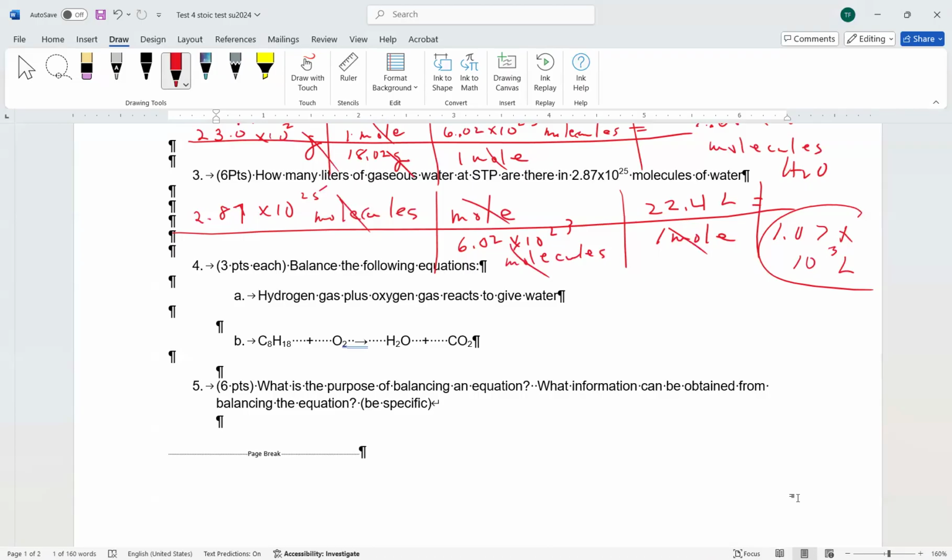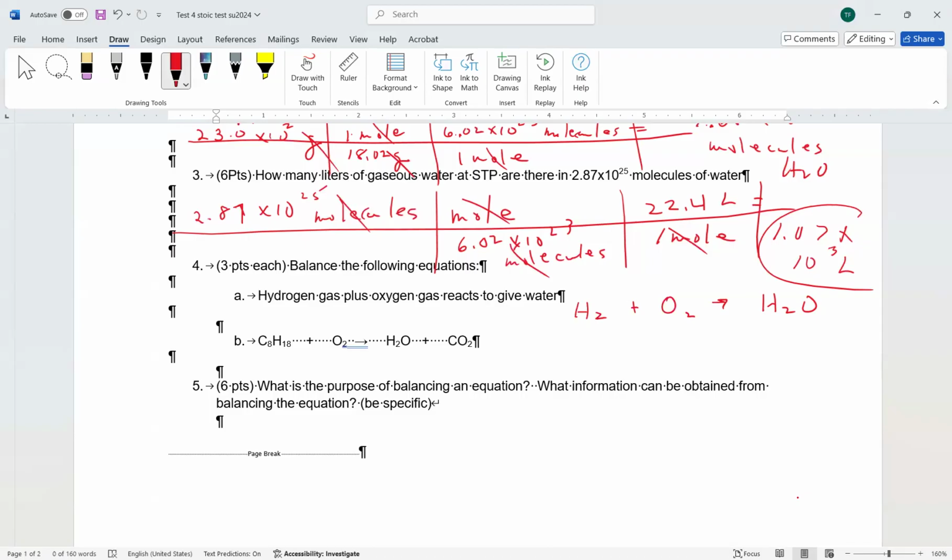Okay, so we have hydrogen plus oxygen gas reacts to give water. Now the word reacts means automatically arrow, because we're talking about products now.